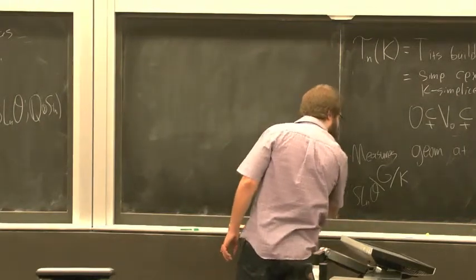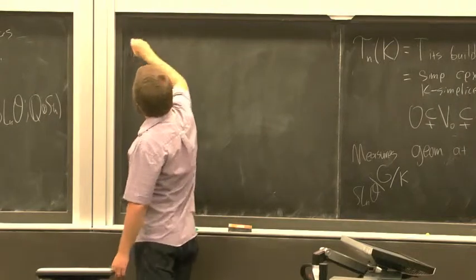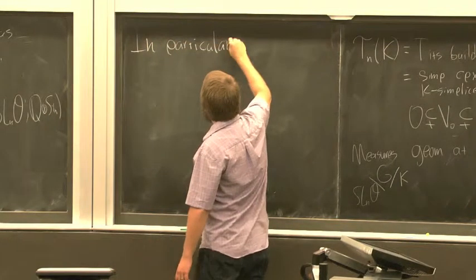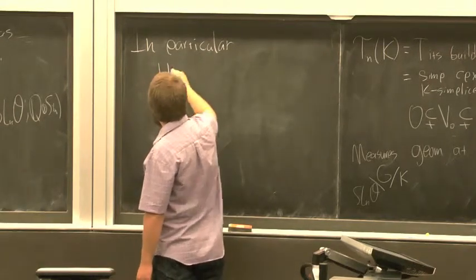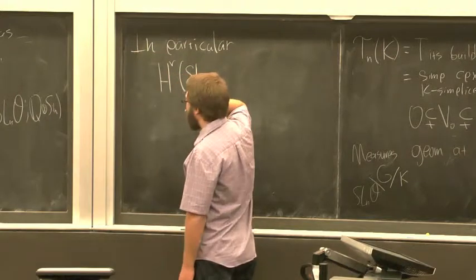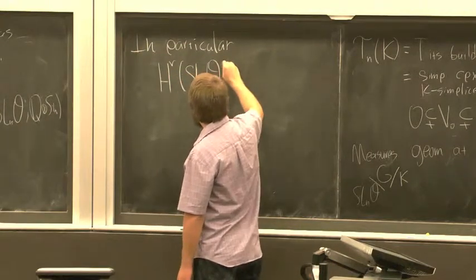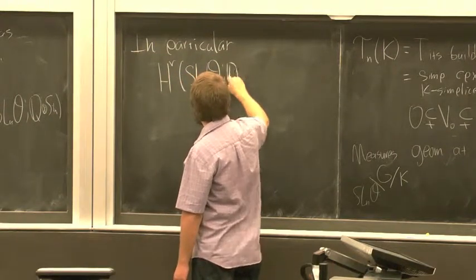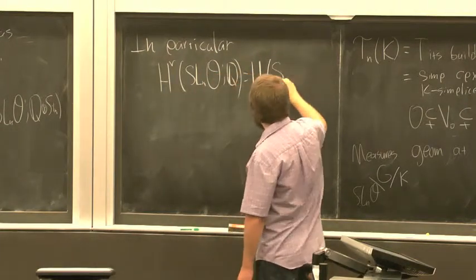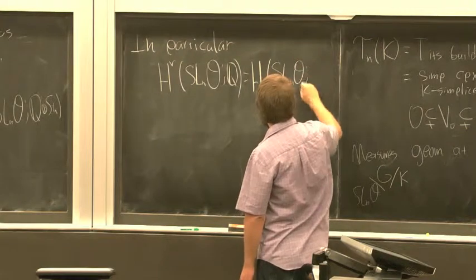So in particular, we have that H_mu of SL_n(O) with Q coefficients is H_0 of SL_n(O) with coefficients.